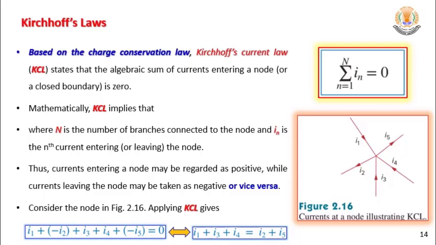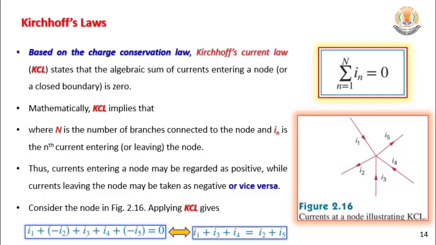This is the conservation of the charge. Based on this, we created this law, the summation of the current. So to apply KCL, I should apply it at a certain node, considering the currents in positive and the currents out negative, or vice versa. It doesn't matter. Let's apply it in this diagram.